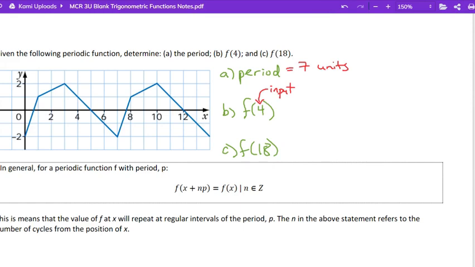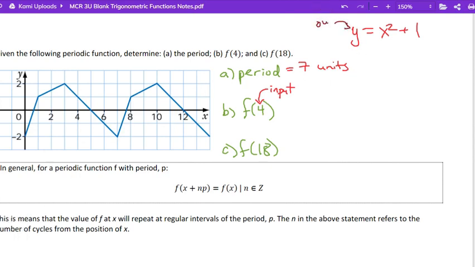So figuring out the period, we got it. Let's look at f of 4. So the input is 4. Now, is the input going to be the x values or the y values? Think back. If I have equations that look like this, y equals x squared plus 1, what is the output? I'm getting this as the input. The output is what's alone on the equation.